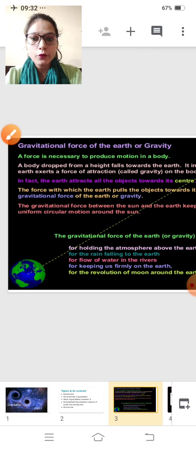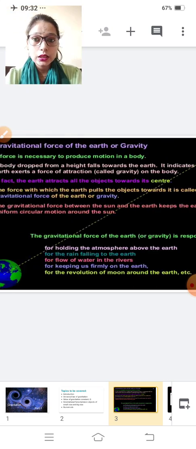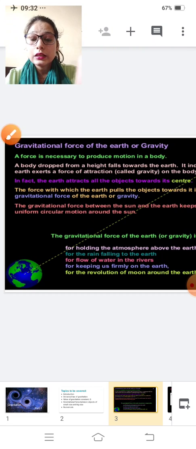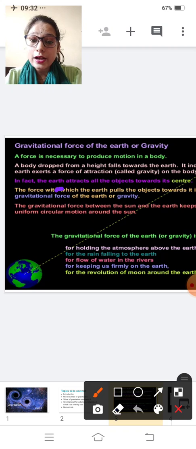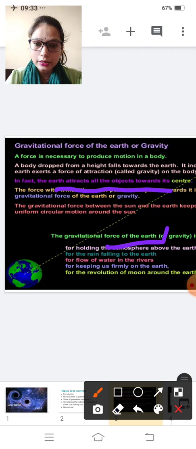A body dropped from a height falls towards the earth. This indicates that the earth exerts a force of attraction called gravity on the body. In fact, the earth attracts all objects towards its center.